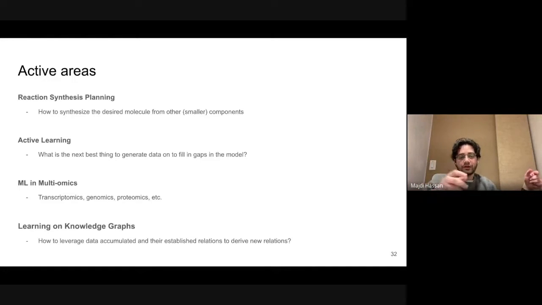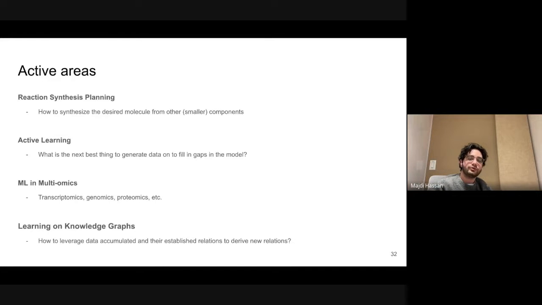You have to design and construct them from materials that you have, and perform the right reactions to get your end result. I think folks at Connor Coley's lab at MIT have been doing that. Active learning is an iterative cycle where you try to find the next best thing to generate data, using labs that will fill in gaps in the model.